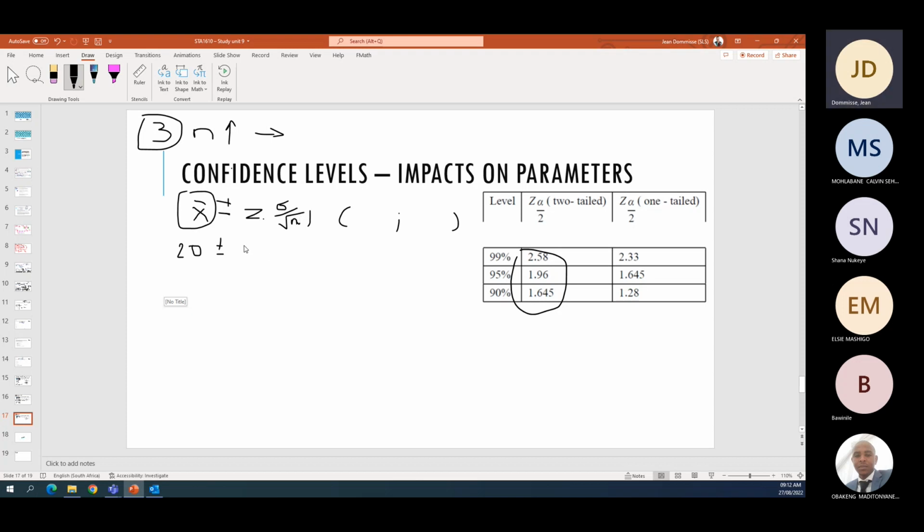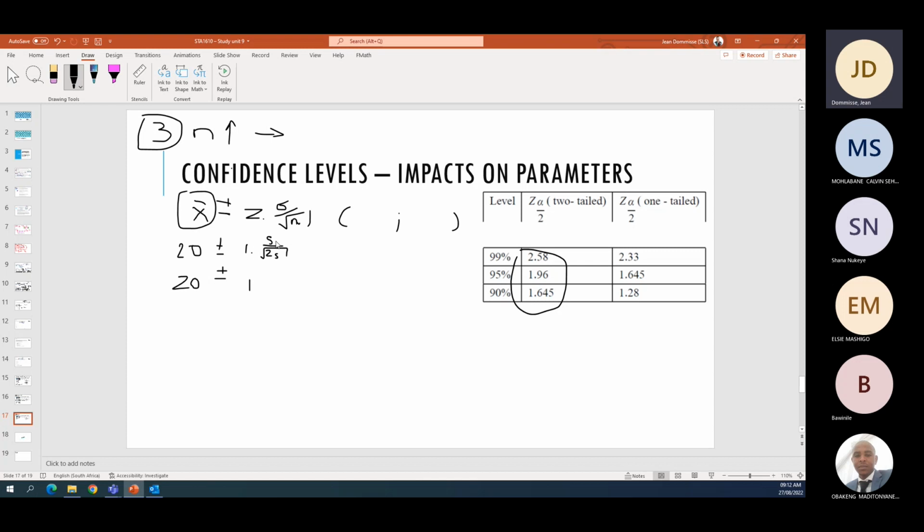Okay, so let's again make it the simple one where we had 5 over 25, and we had that as 1. So the original one was that.